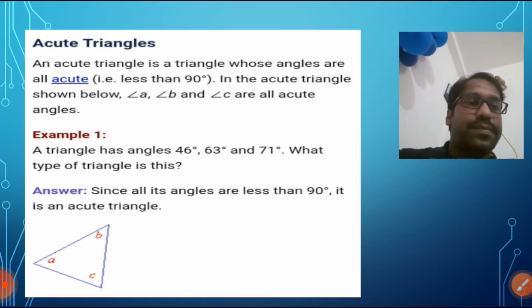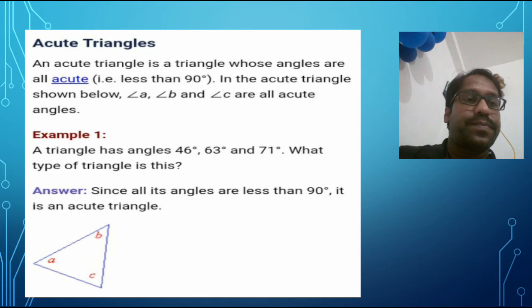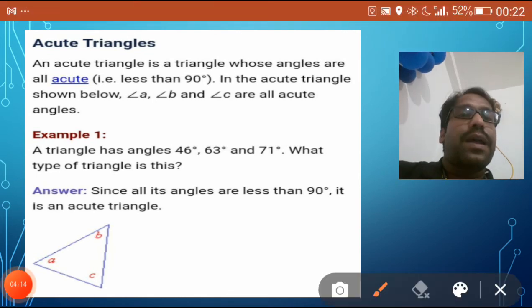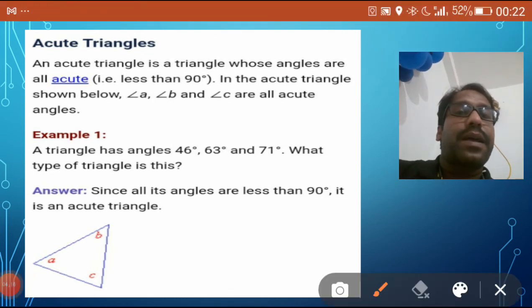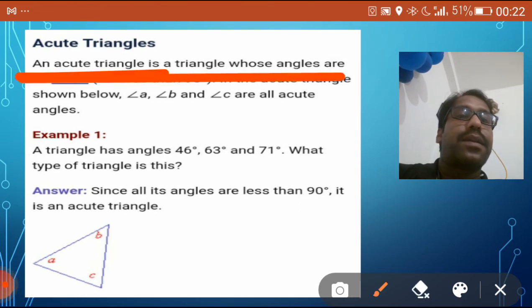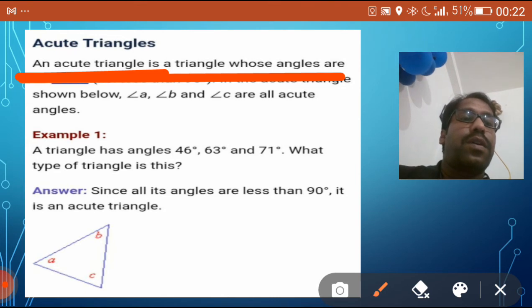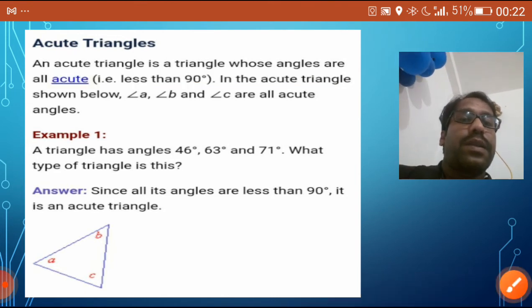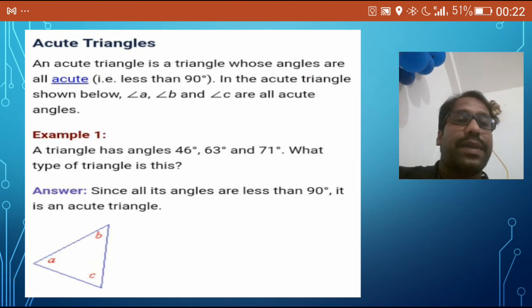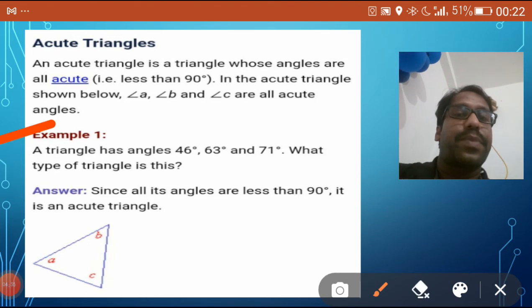An acute triangle is a triangle whose all angles are acute. Angle A, angle B, angle C, all the angles are acute here. One example we can see here.